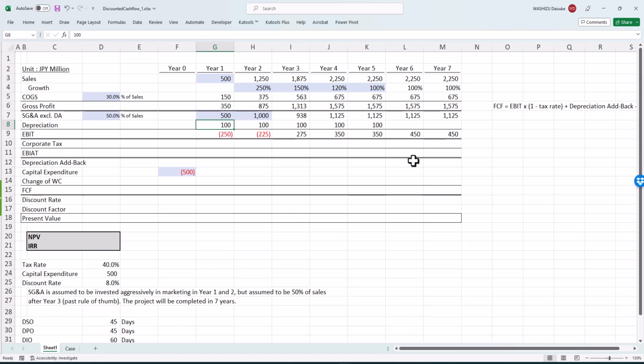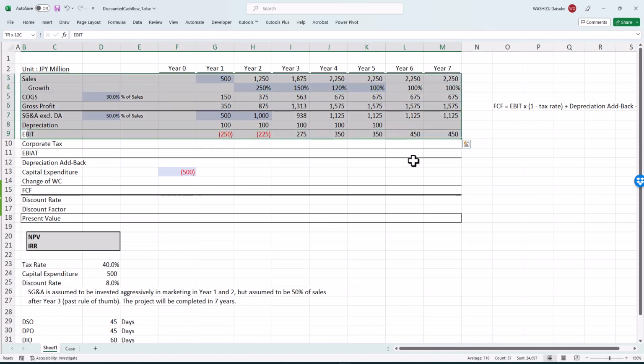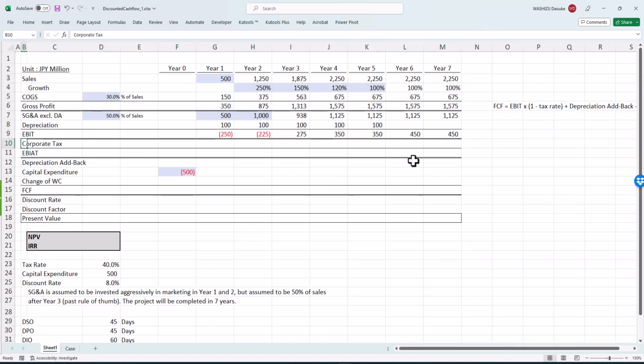So the annual depreciation should be 20% of the capital expenditure, so divided by 5, putting the same amount over 5 years. Now we have a formula here. So we have simply the same number, but I put in a formula in order to enable us to have simulations after completing the financial model.